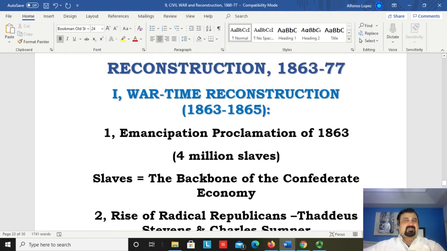In other words, this is something that we have to do. But there's also a practical matter, and the practical matter is that slaves were the backbone of the Confederate economy. So if you start taking away their slaves as soon as 1863, then you're going to accelerate the Confederate defeat. So it was also a practical matter.